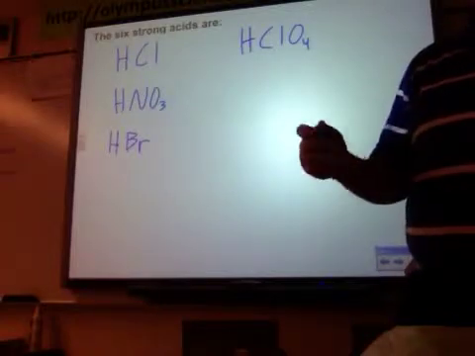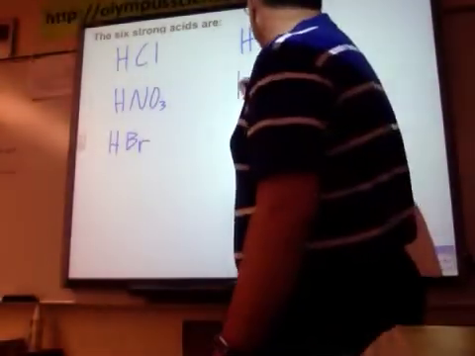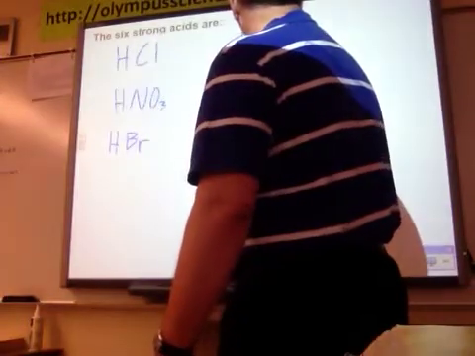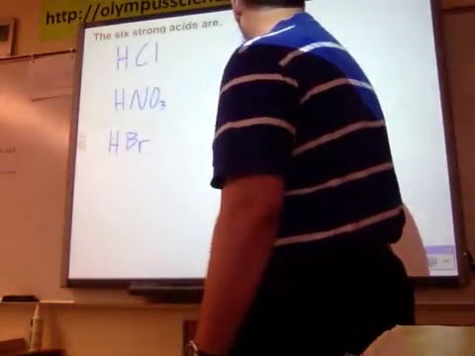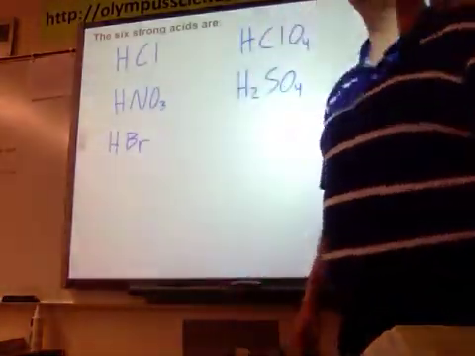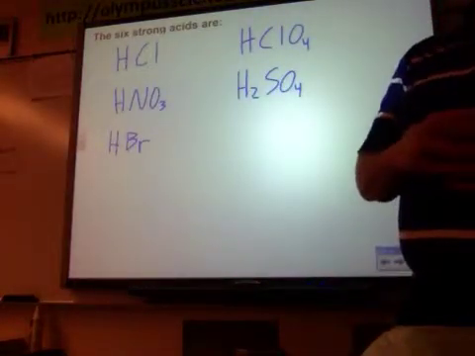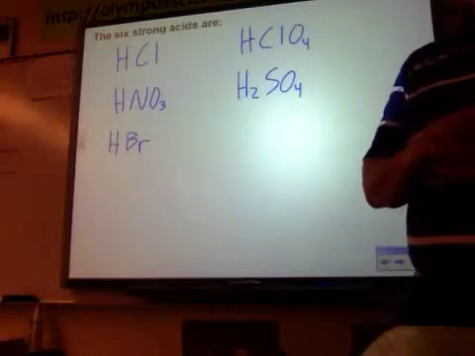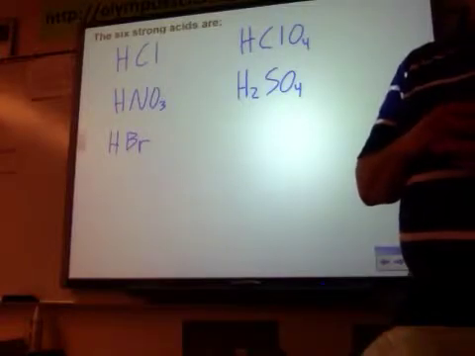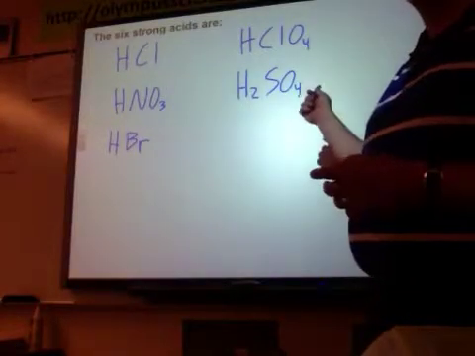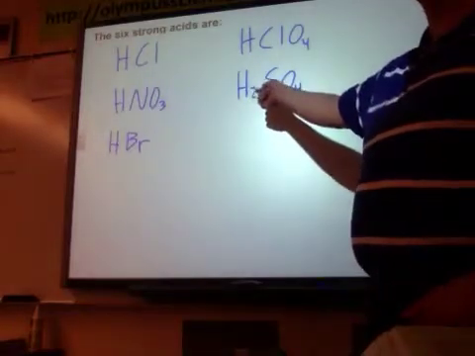Just sulfuric acid. Okay? Sulfuric acid is H2SO4. Hydrosulfuric acid would just be H2S. And that, while it is nasty stuff, is not considered one of the 6 strong acids. That's just called sulfuric. This is just sulfuric acid.